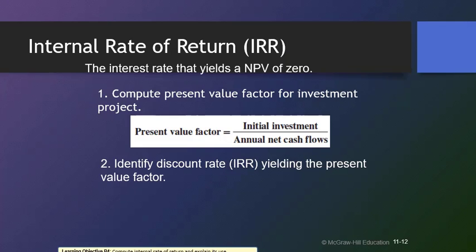Okay, and we can compare that to what sort of rate management demands for investments. If the rate that the project is going to yield is greater than what management demands, then it would be acceptable. If the project will yield less than that, then it is not acceptable.